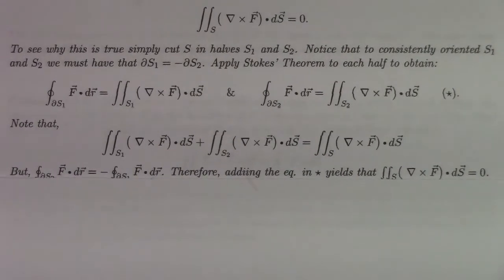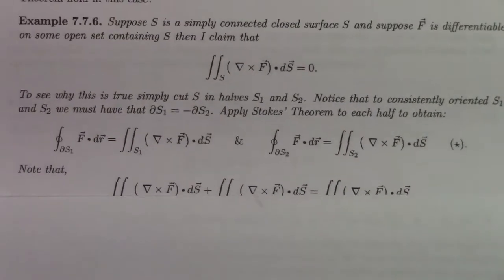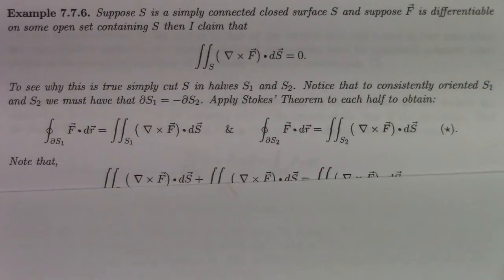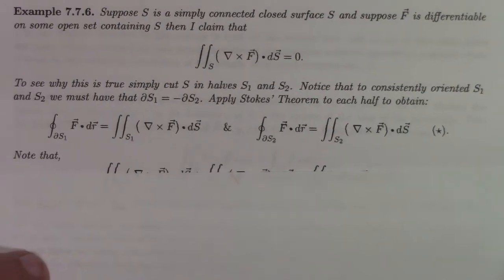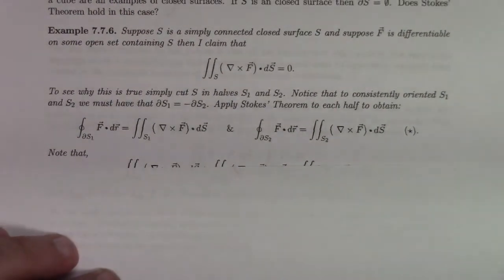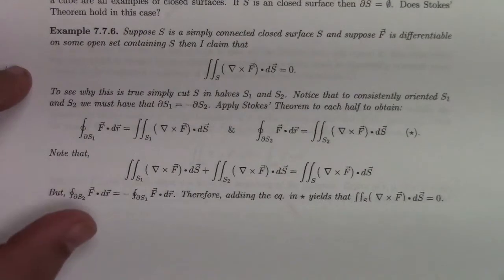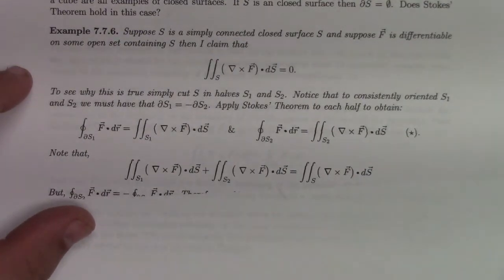And so the next example, 7.76, is basically going to give you an argument that is motivated by the previous pair, not the immediate example before, but 7.74 and 7.73 are an example of this.